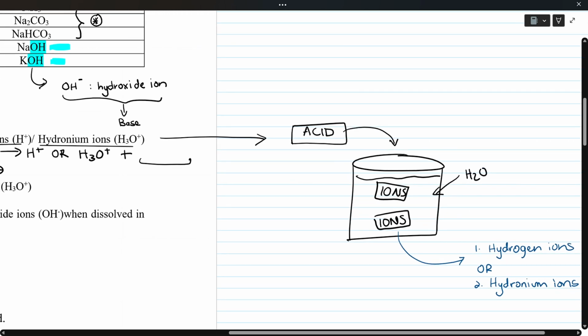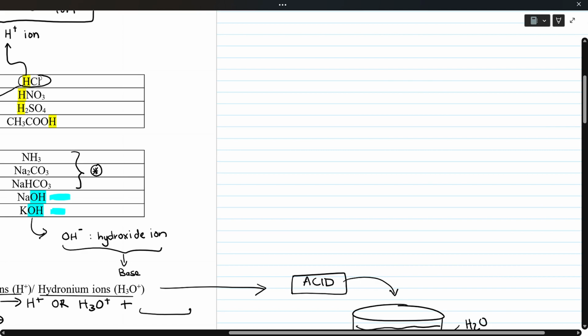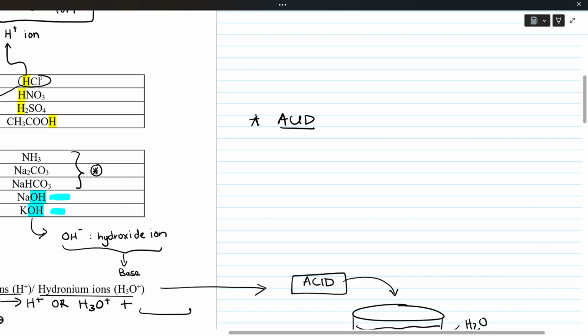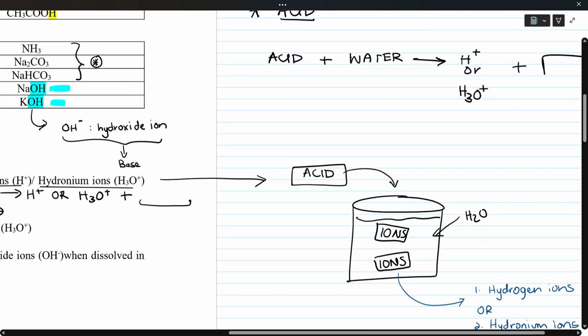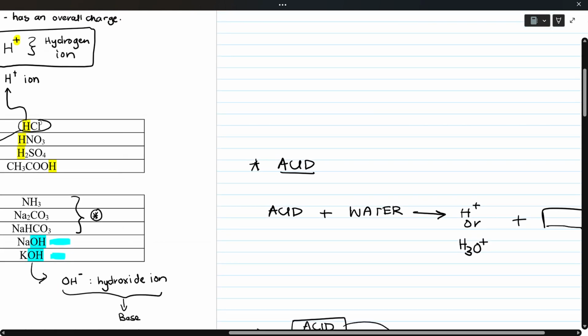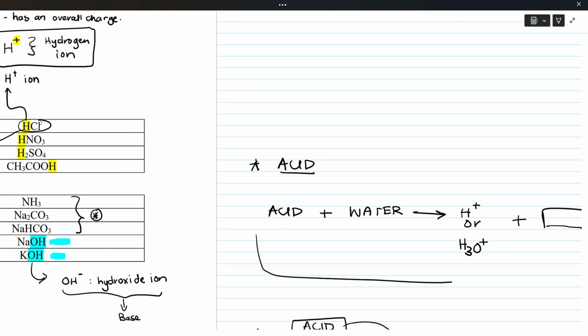So if you want, you can write down a general equation for an acid. Your general equation of an acid is that you have this acid plus water, and this must always give you either the H plus ion or the H3O plus ion. Then you're obviously going to have some other product, which is dependent on whatever substance you started off with. This is a general case for acids.